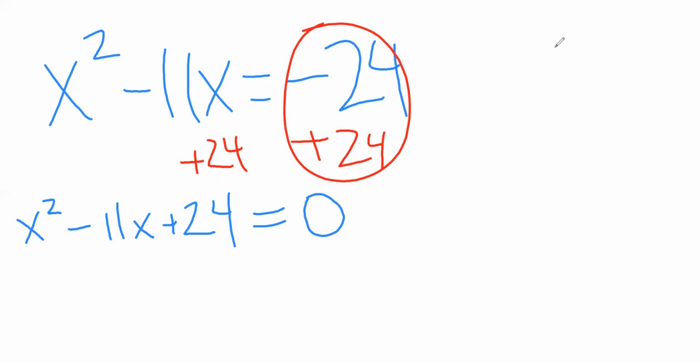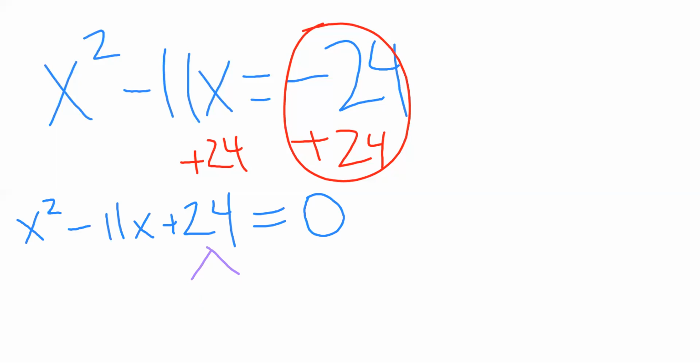Let's go ahead and factor. Maybe you'd say, oh, 2 and 12, but look, that doesn't work. You can't get those to add up to 11. So what about 4 and 6? Nope, still won't add up to 11.